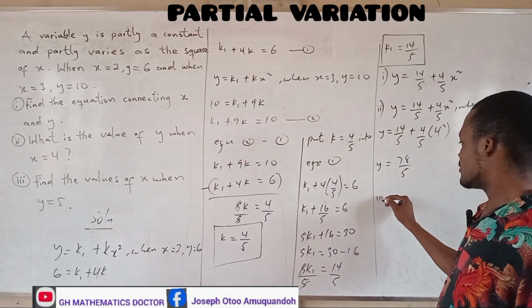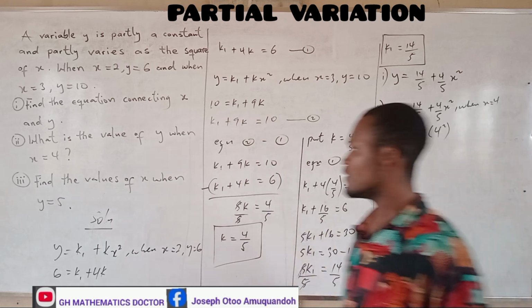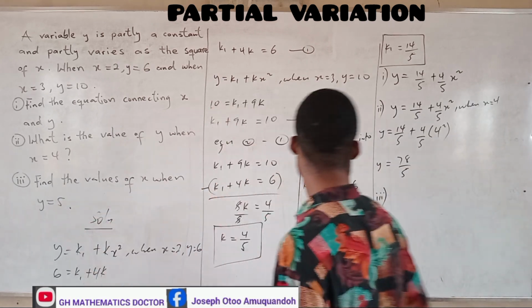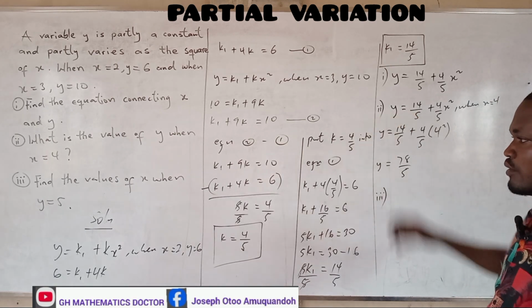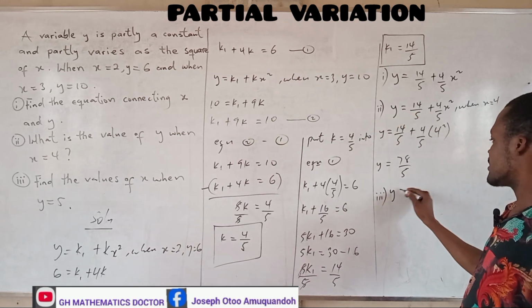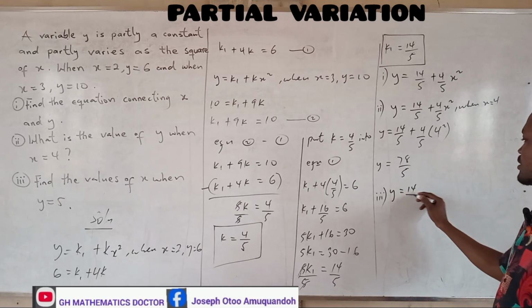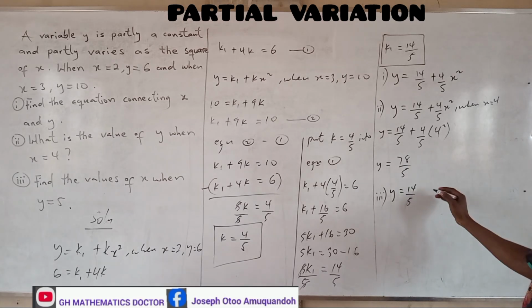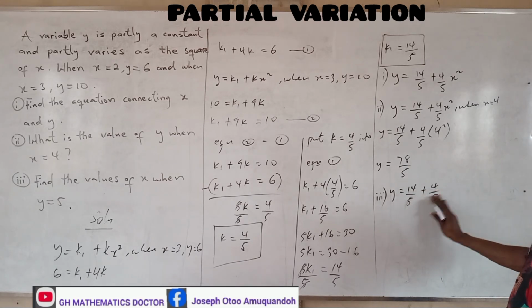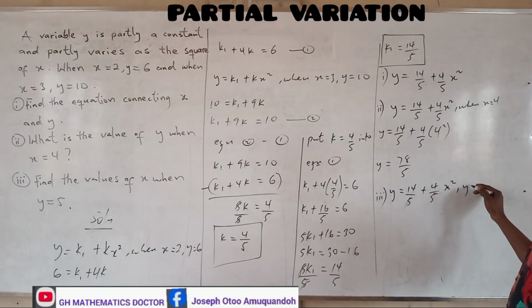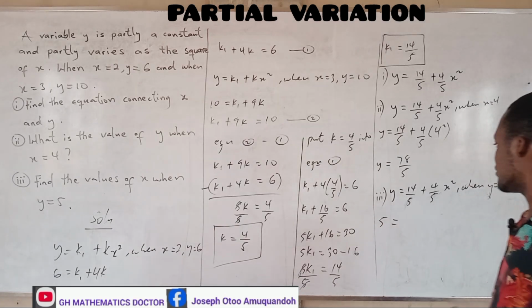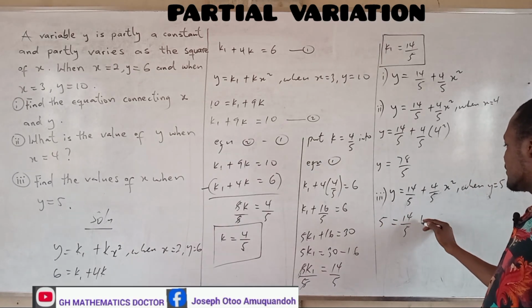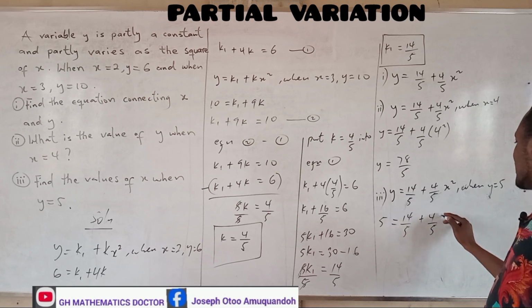Let's conclude this by finding the values of x when y equal to 5. So the same expression here, this time we are finding the values of x when y equal to 5. So we have the expression y equal to 14 over 5 plus 4 over 5 x squared. So when y is equal to 5, we have 5 equal to 14 over 5 plus 4 over 5 x squared.